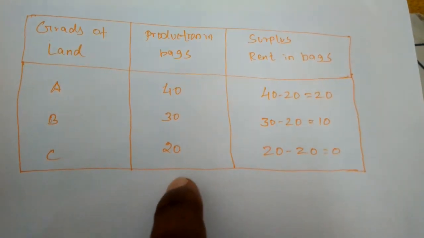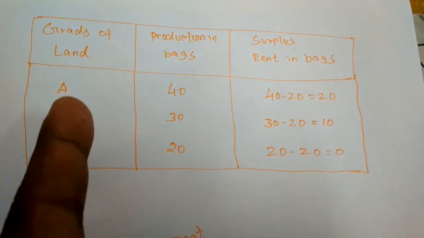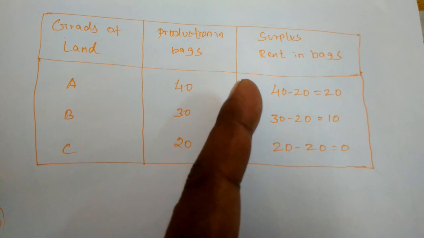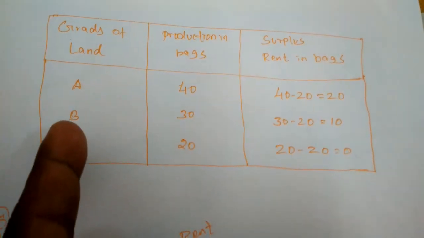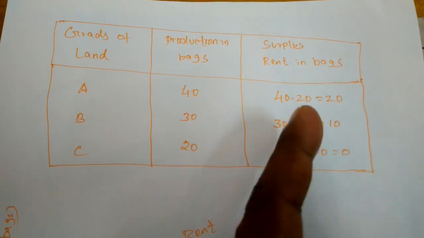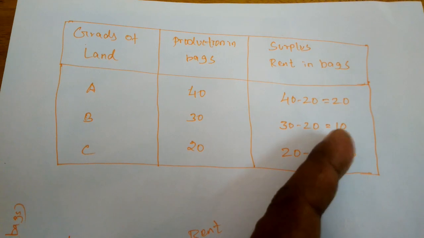So A grade land has 20 bags in surplus, and comparing the B grade land with the C grade land, it also has a surplus of 10 bags of paddy.